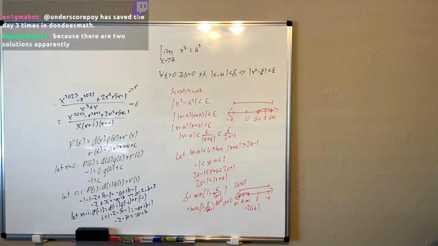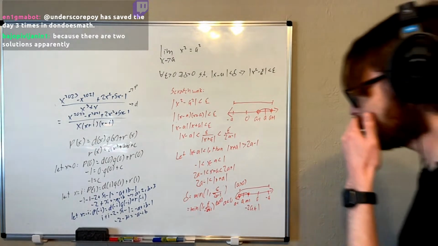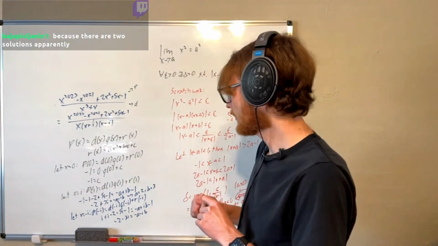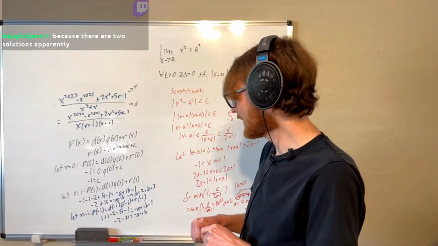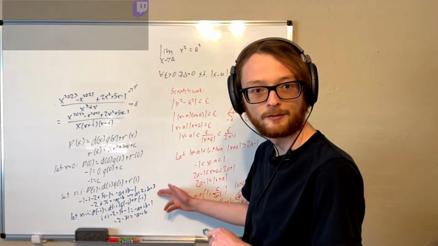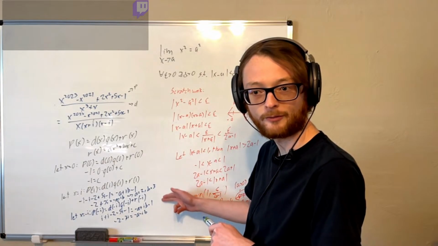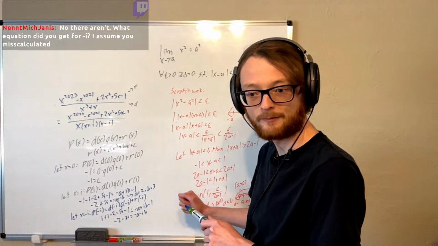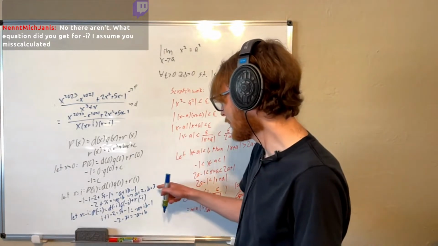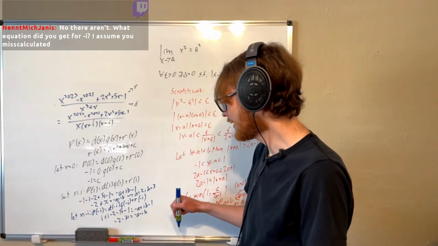Two solutions? There shouldn't be. Wait, so bio, we need to make sure we're on the same page. You do get the same A and B from plus i and minus i. You don't get different answers. If you're getting different answers, then you did something wrong. But from both of these, we can see that A equals 2 and B equals 3.